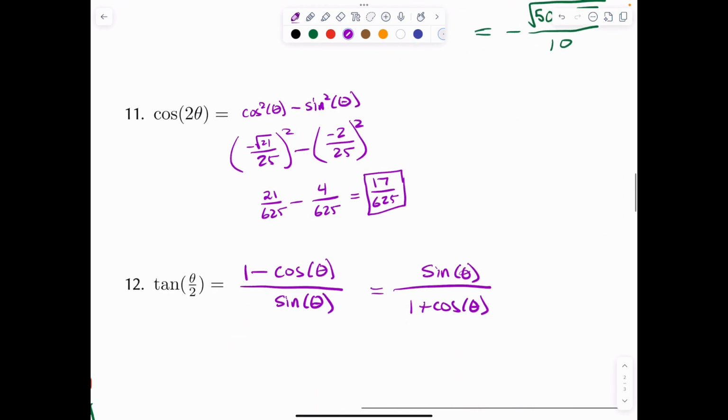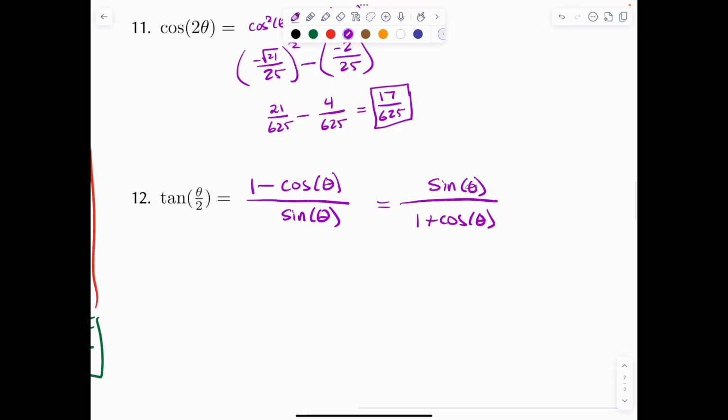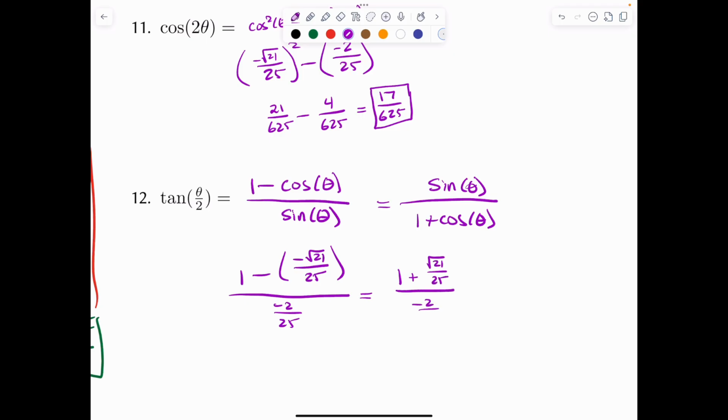Okay, so let's see if I can write these in here correctly. So that's going to be over negative 2 25ths. Okay, so we have 1 plus radical 21 over 25 all over negative 2 over 25. Here I'm going to multiply everything by 25.